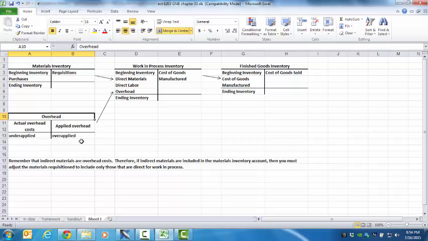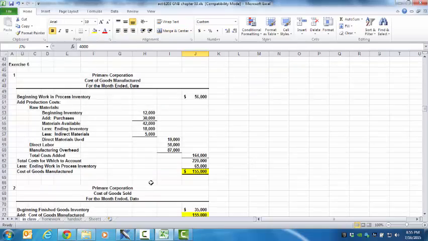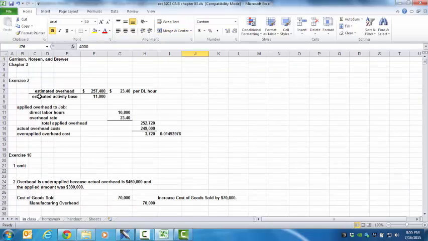But let's reflect a little bit more about this overhead. Remember, this overhead has a whole bunch of different kinds of costs in there that are not incurred at the same point in time, that don't behave the same way, and it's going to be very difficult to come up with a predetermined overhead rate where we have a basis that's going to yield true causality with that much variability within the cost.